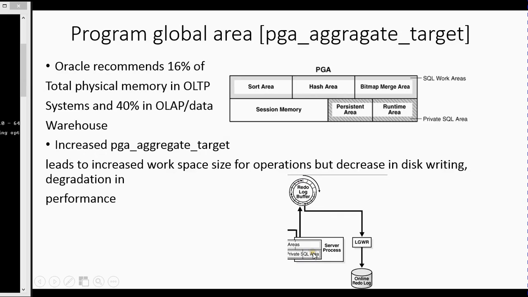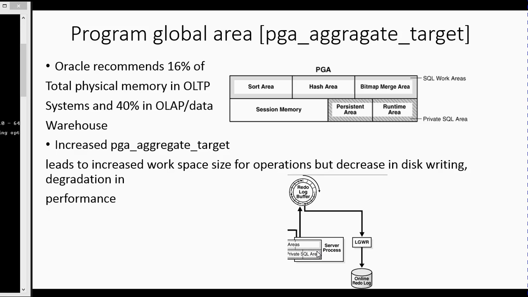So you want to set up a PGA size just about right, so that you can get the server process to do more optimal writing into the database buffer cache and the redo log buffer. Again, this is how the PGA would influence the performance of your database.